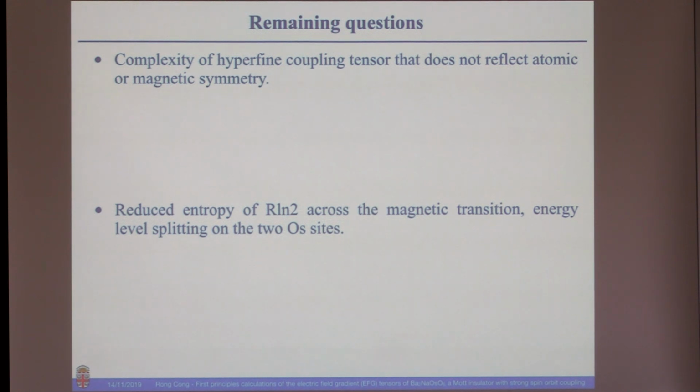So the R ln 2 is accumulated from both the magnetic transition and the orthorhombic transition we see here. That means even above the orthorhombic transition, it's already reduced to R ln 2. That's what I think is kind of confusing here. But it's not seen in another. Thank you very much for your talk.